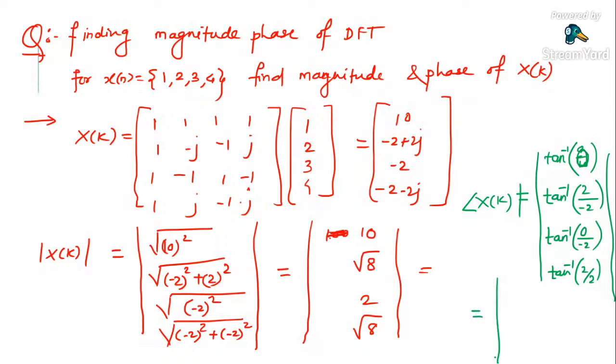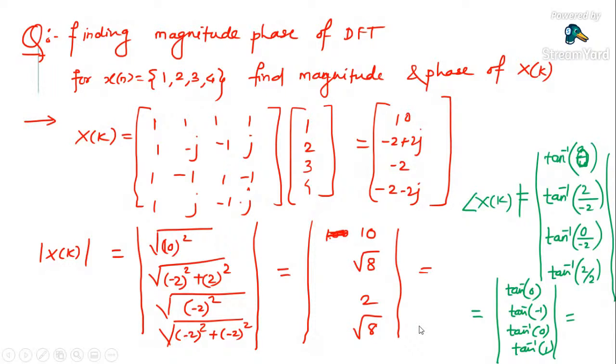So you get tan inverse of 0, tan inverse of minus 1, tan inverse of 0, and tan inverse of 1. Then you will get the phase of it. Phase means angle. This is how you can calculate magnitude and phase.